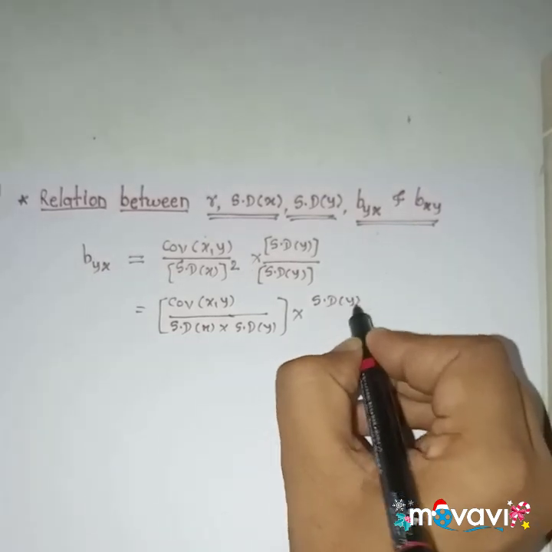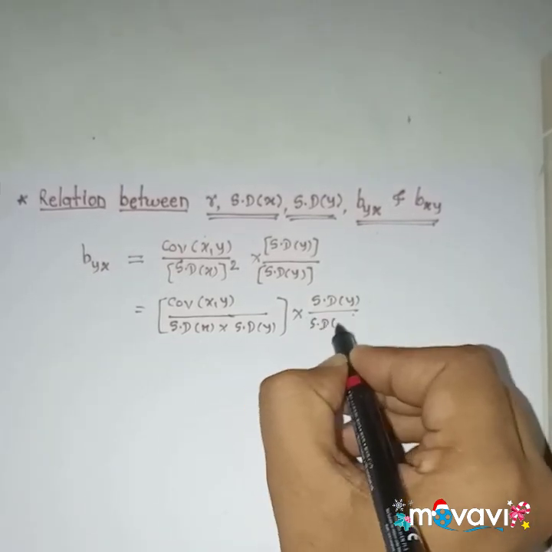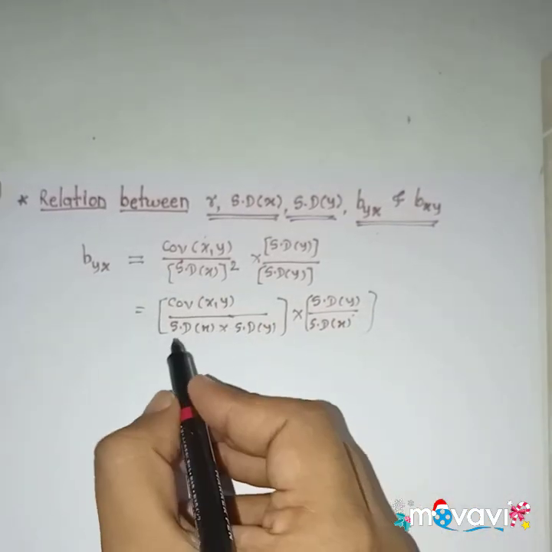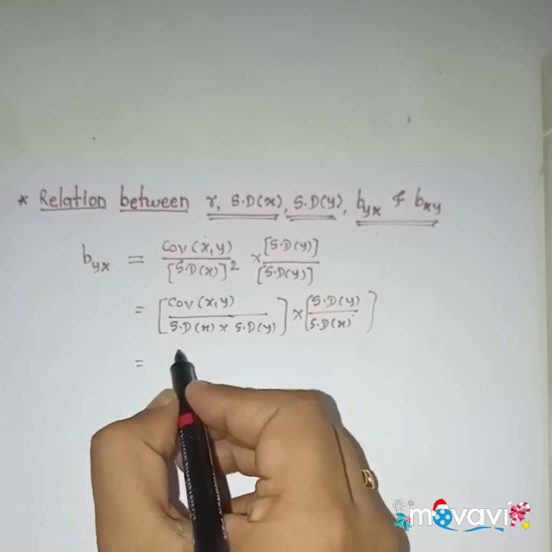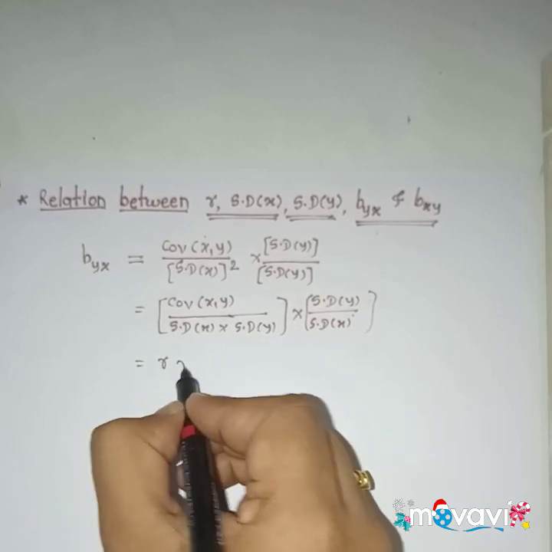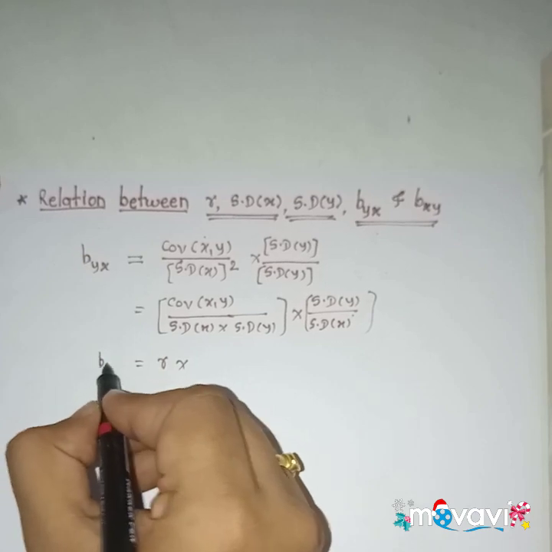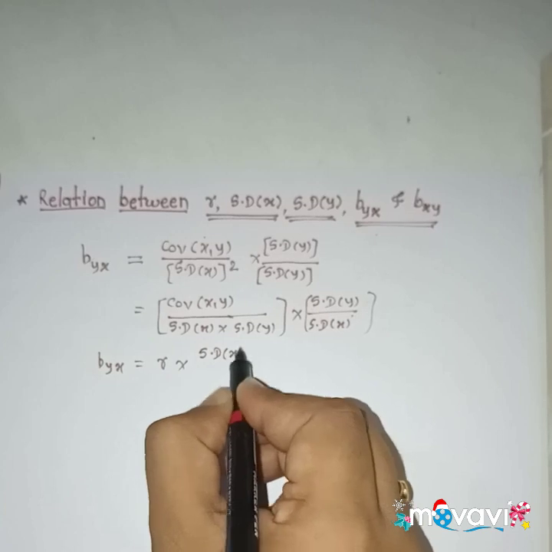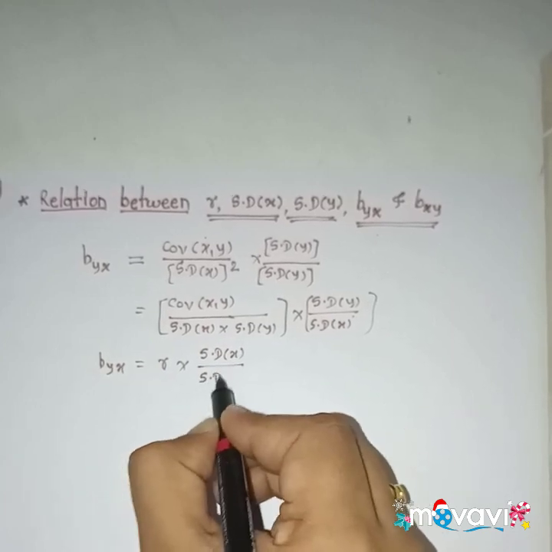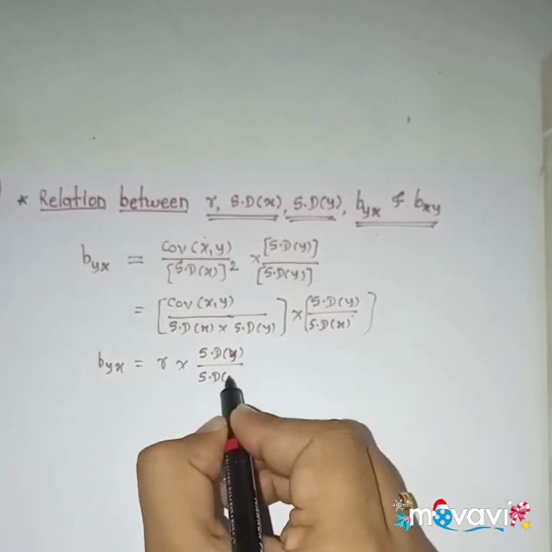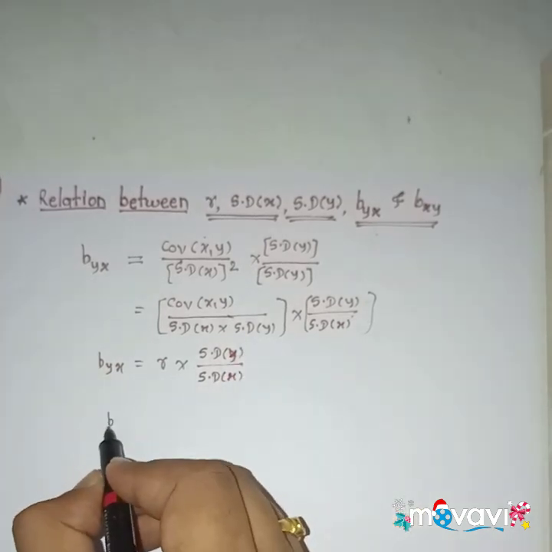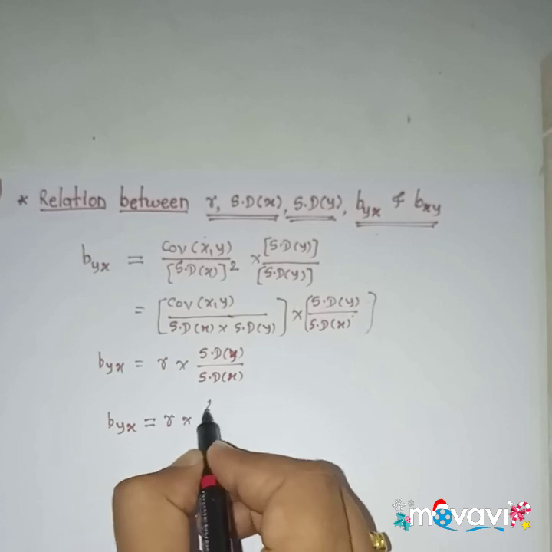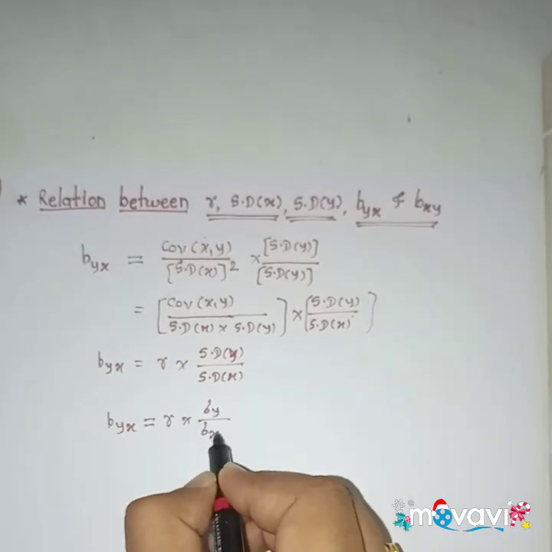We get standard deviation y upon standard deviation of x, and we know that covariance of xy upon standard deviation of x into standard deviation of y is nothing but r. So Byx is nothing but r into standard deviation of y upon standard deviation of x. And in notation form we can write this as Byx is equal to r into sigma y upon sigma x.